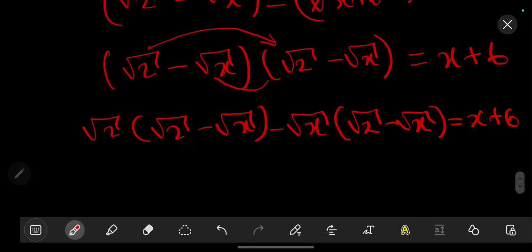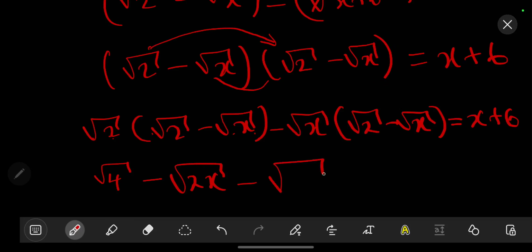Root 2 times root 2 will be equal to the root of 4. Just multiply what is inside. We have minus root 2 times the root of x, which will be the root of 2x, like that. Then we have minus negative root x times root 2, which will give us the root of 2x. Then we have root of x times the root of x. It will first change the sign to positive.